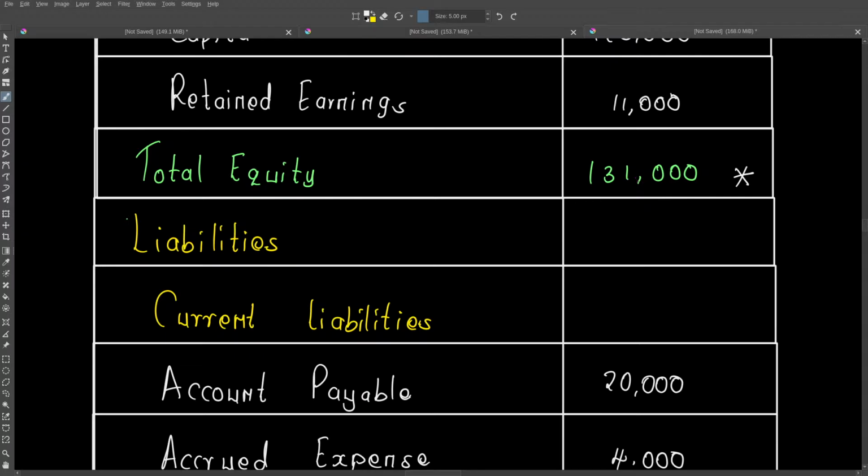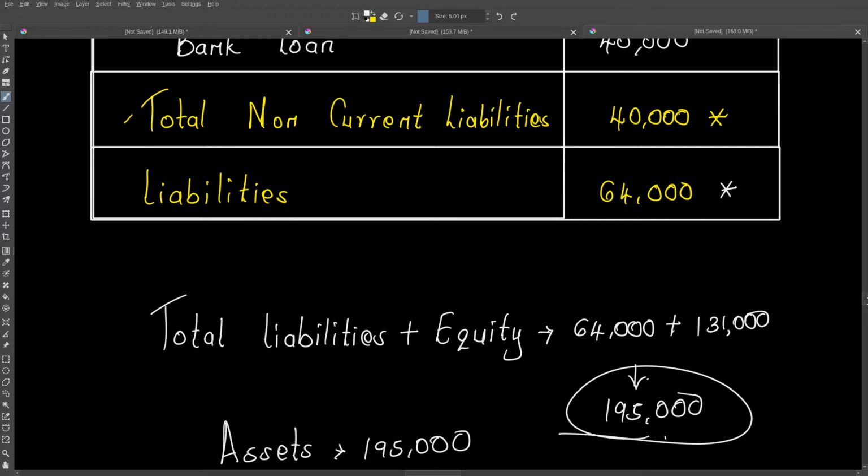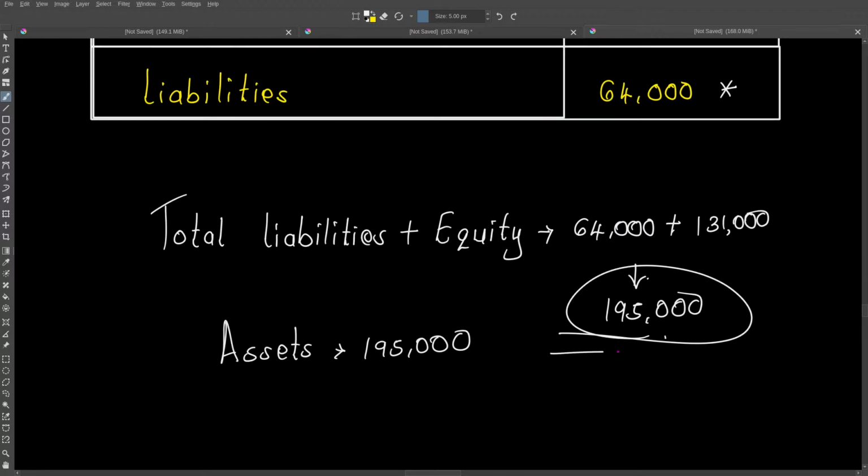When you sum 131,000 plus 64,000, you get 195,000. That is how we see that the assets of a business equal liabilities plus equity. So that is the balance sheet for today.